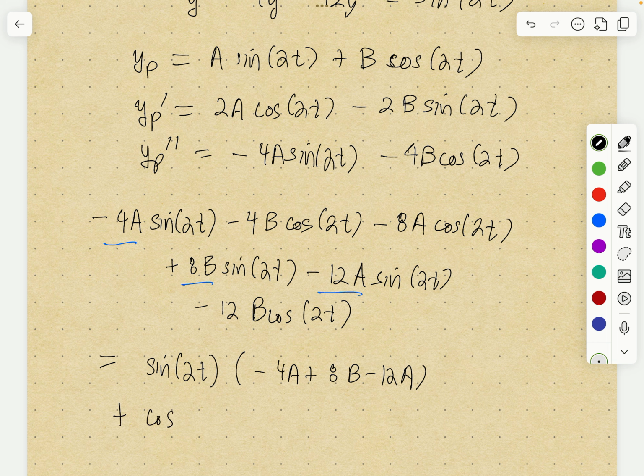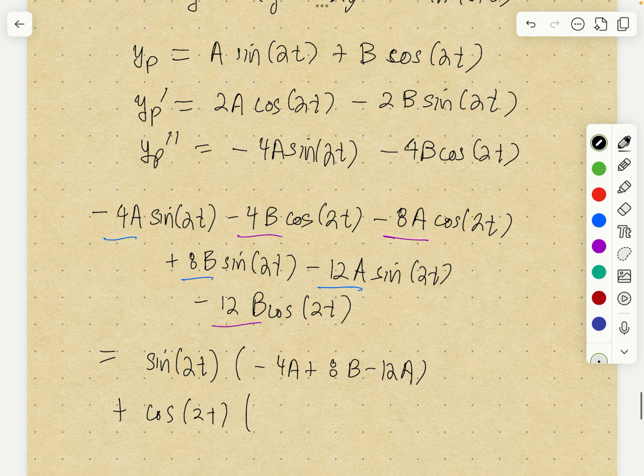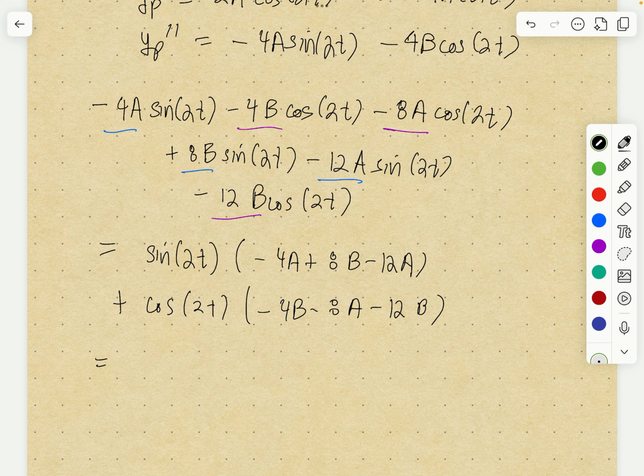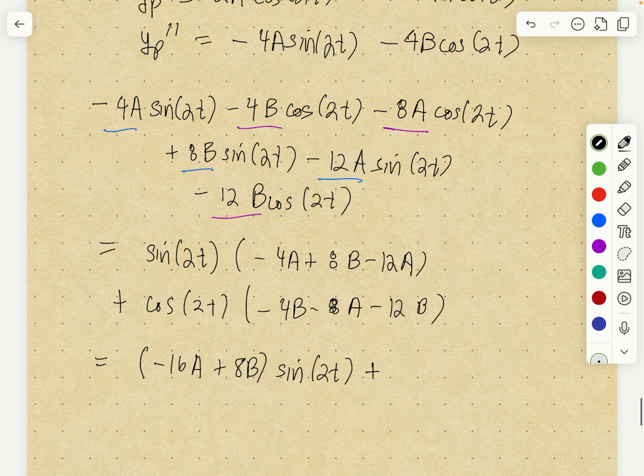And then for the cosine 2t term, I'm going to get negative 4b minus 8a minus 12b. So this is going to simplify to negative 16a plus 8b times sine of 2t, and then plus negative 8a minus 16b times cosine of 2t.